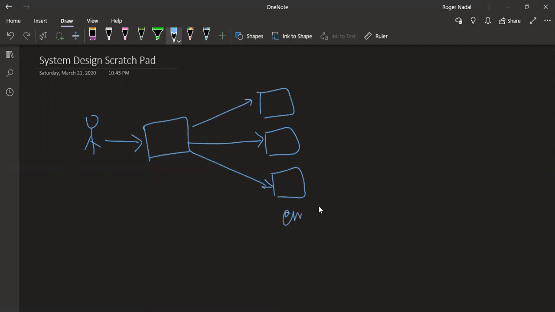So let's call it email server. This was payment processing, or maybe a wrapper around payment processing, because you may use some other service. And this was the inventory system, for example.